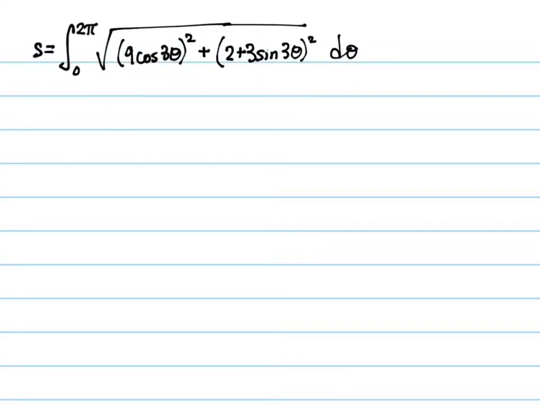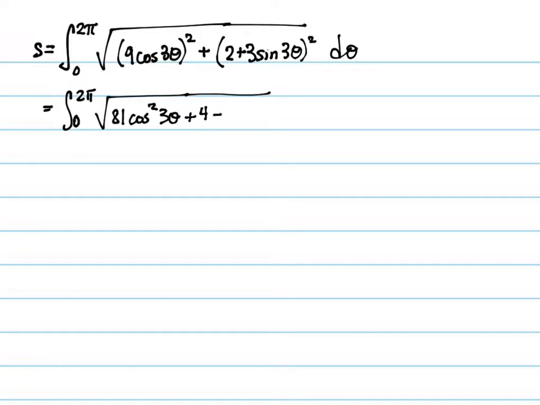Okay, it's on the next screen now. Very good. All right, so we're going to multiply some things out, clean some things up, just like we did on the last problem, but for, of course, the purpose now of finding arc length. So from 0 to 2 pi, we have the square root. As I'm simplifying and multiplying these out, the first one is 81 cosine squared of 3 theta. My next one should be foiling, right?